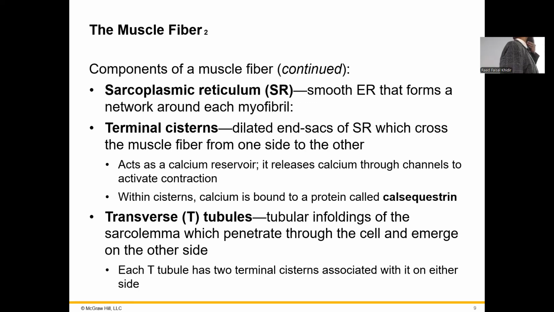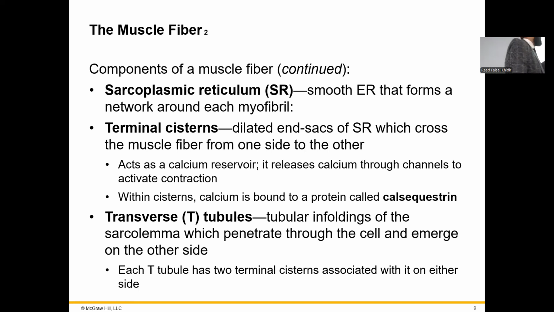And we have terminal cisterns. Terminal cisterns are dilated end sacs of the sarcoplasmic reticulum, which cross the muscle fiber from one side to the other. And they act as a calcium reservoir, and they release calcium through channels in order to activate the contraction.